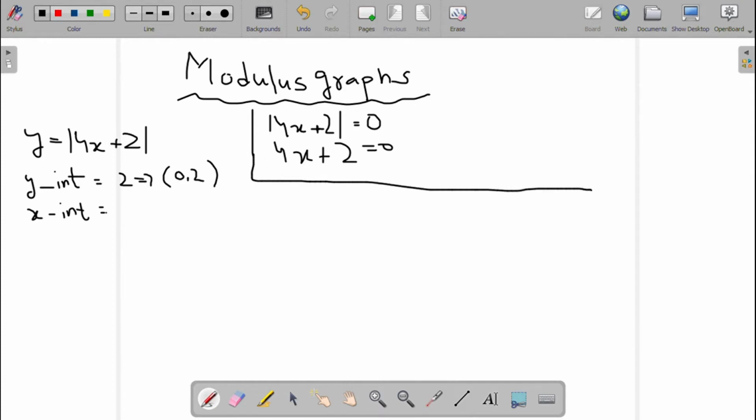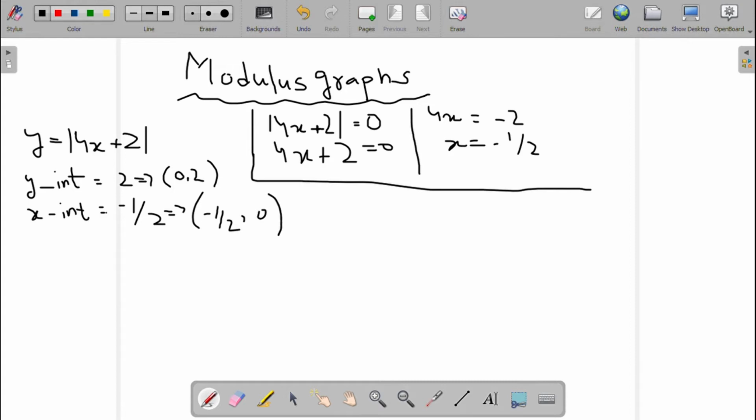Then 4x equals negative 2, so x will be negative half. So now we have the x-intercept, which is negative half, and that point will be (negative half, 0). And now we will sketch the graph.